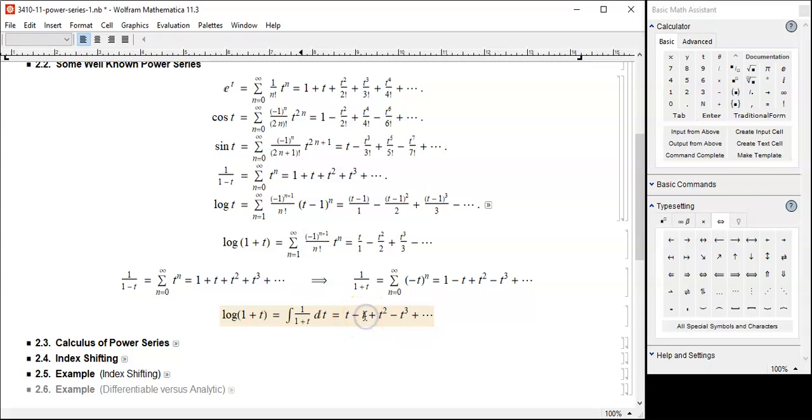The antiderivative of t is t squared over 2. The antiderivative of t squared is t cubed over 3. And that's t to the 4th power over 4, and so on.